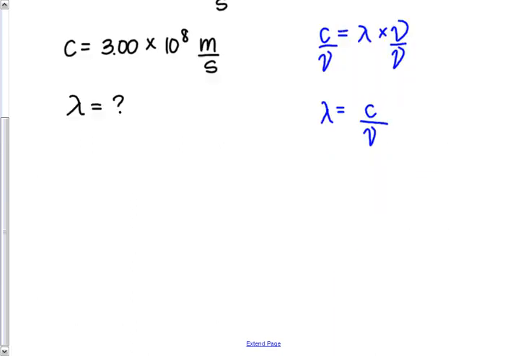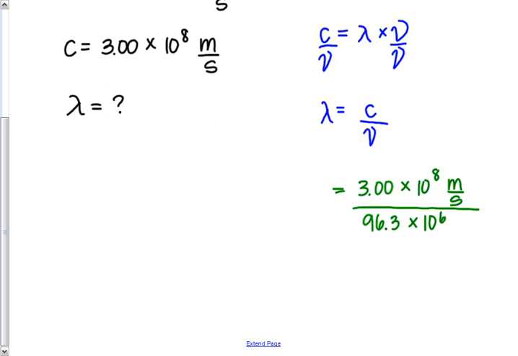Now, all you have to do is plug your numbers in. The speed of light is 3.00 times 10 to the 8th meters per second, and that is divided by the frequency, which was 96.3 times 10 to the 6th, 1 over s.